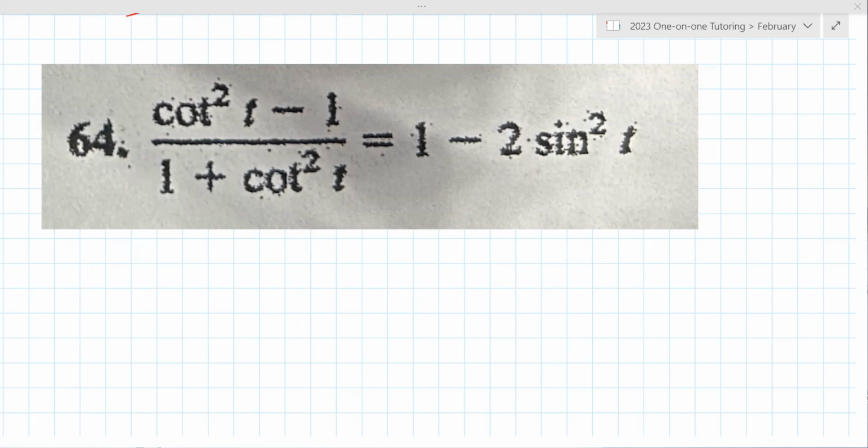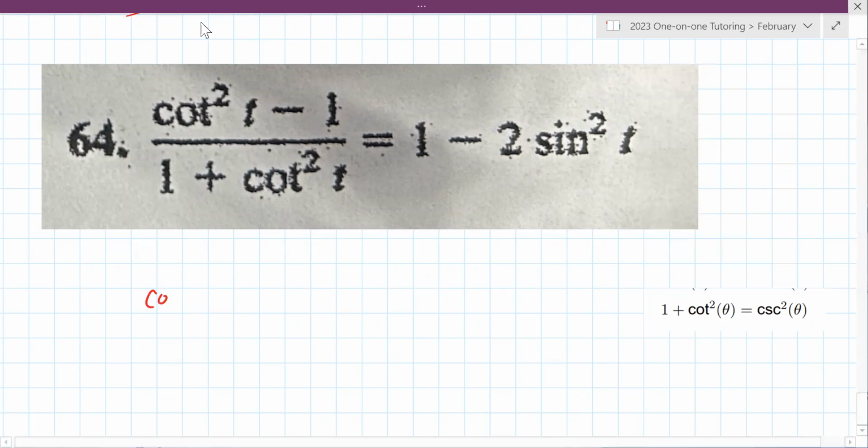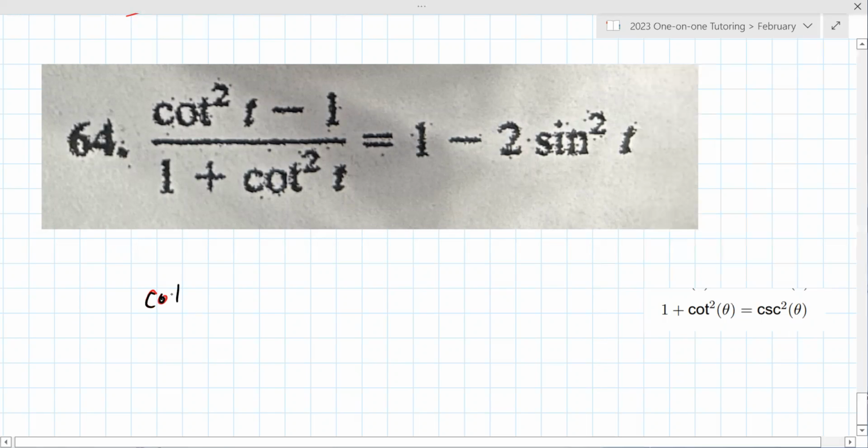Well, 1 plus cotangent squared equals cosecant squared. Yeah, that's the right place to start here. Is cotangent squared t minus 1 over cosecant squared t, like that.